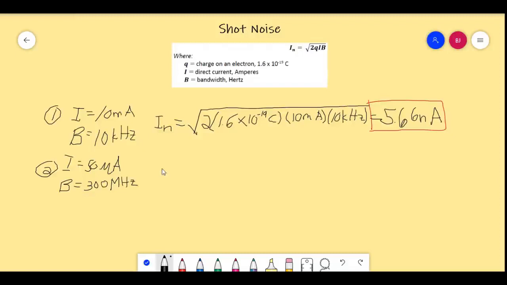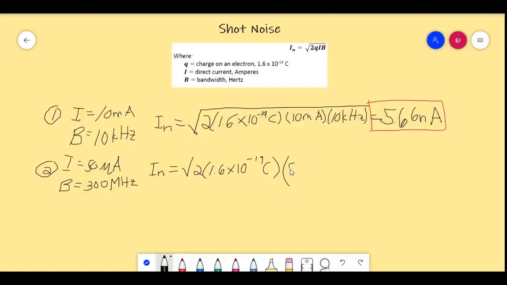How about example number 2? Same, as there are quite no variations with this problem, unlike thermal noise that has some variations because of the temperature. We have to make sure it is always in Kelvin. So we have the square root of 2 multiplied by the charge of the electron, 1.6 times 10 to the negative 19 coulomb.